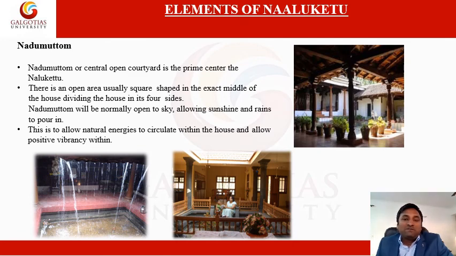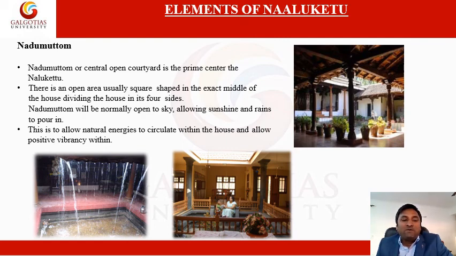Now, the most important part of the Nalukettu is Nadumuttam. Nadumuttam is the central open courtyard, or the prime center of Nalukettu. It is open and usually square shaped, in the exact middle of the house, dividing the house into four sides.